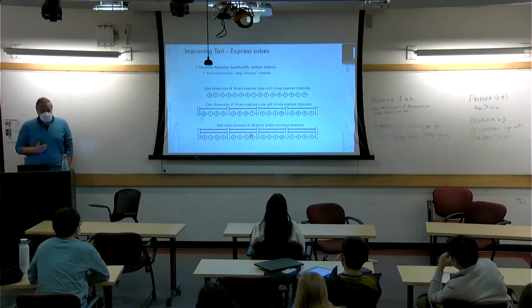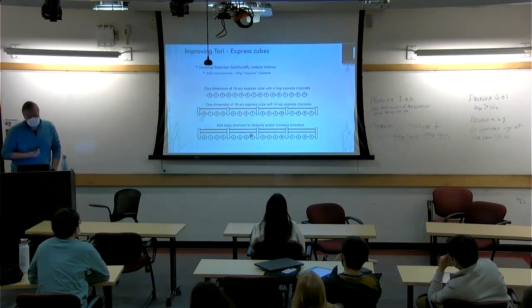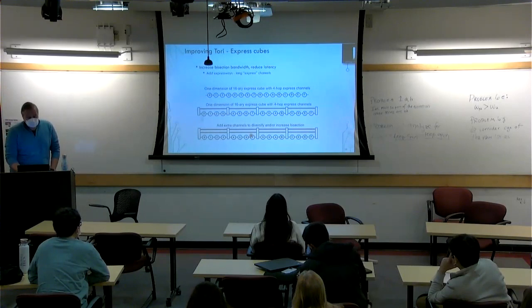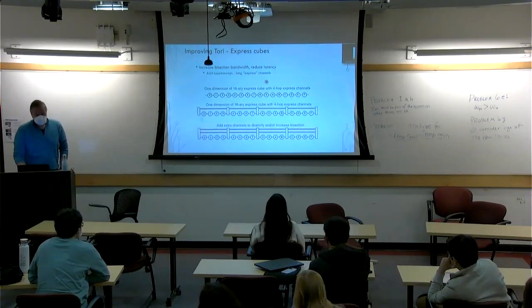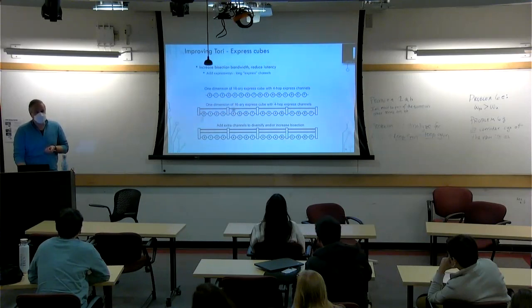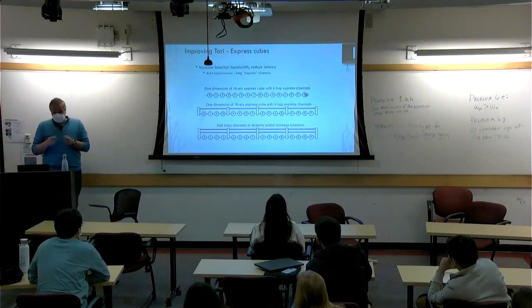Now, in improving these tori that we talked about, you can think about the trade-offs in wire complexity, and adding a few ports to your routers. One way, not just through concentration, is by adding these express ports. This is how your whole torus, say a 16-ary express cube, unfurls.